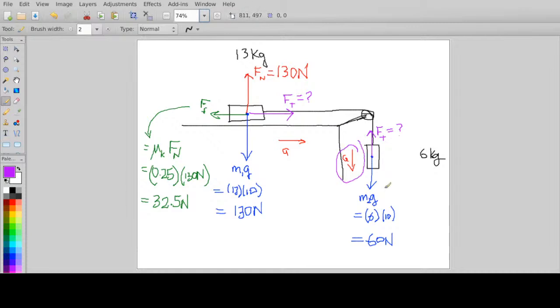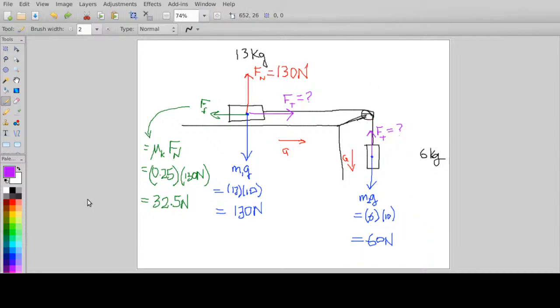It's accelerating down. Okay, it's being pulled down by gravity. And there are two forces. There's 60 newtons pulling down, and there's FT pulling up. Which one wins? Well, the 60 newtons down wins. Okay, has to win, because if the FT wins, then it would accelerate up. So the 60 newtons down beats the FT up.